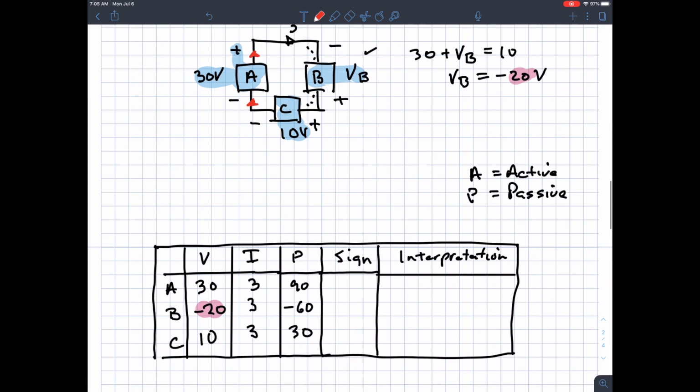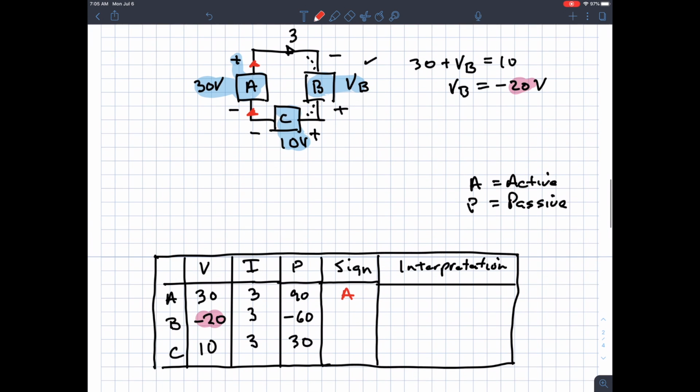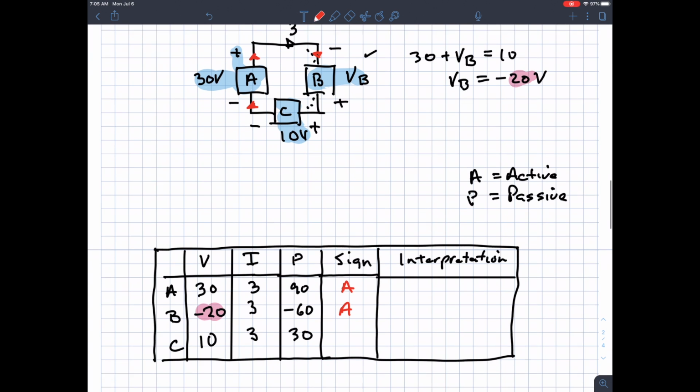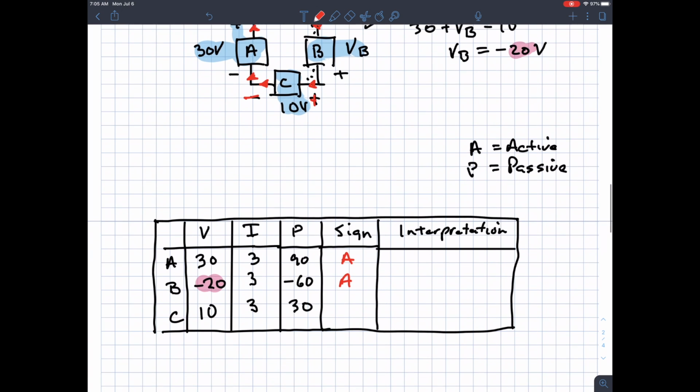So that's the active sign convention. For B, current is moving in the direction of a rise, so once again, that's the active sign convention. And then finally for C, current is moving in the direction of a voltage drop from plus to minus. So this is the passive sign convention.